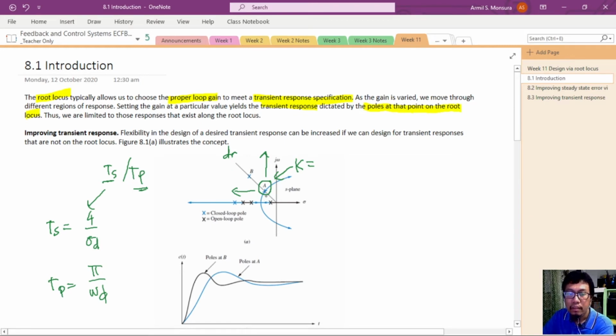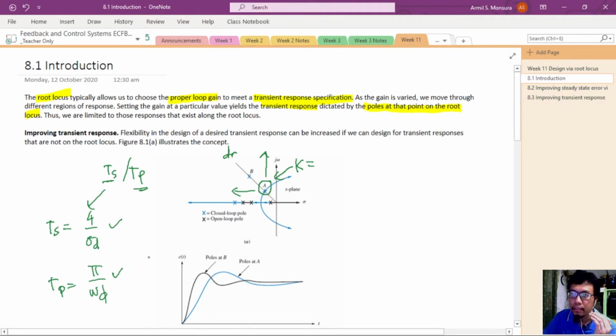Okay, now what if we want to meet a certain TS or TP requirement, but at the same time we want to make our overshoot essentially the same with the original uncompensated system. Okay, so kung wala pang compensation or hindi pa natin na-design yung compensator ng system niyo, it has a certain overshoot.